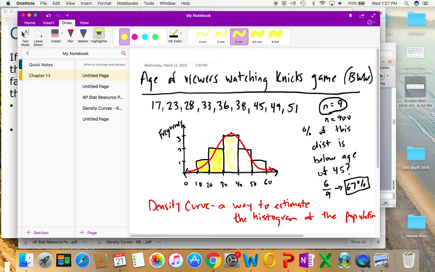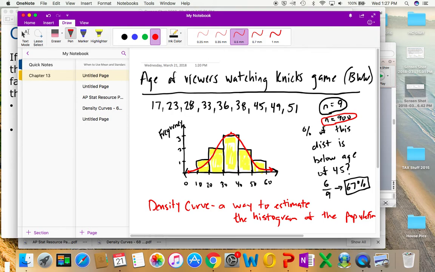Now my sample is only 9 people, but yes, 9 out of 9 is captured by this histogram. I have 1 here, 2 in here, I'm up to 3, 3 in here, I'm up to 6, 2 in here, I'm up to 8, 1 here, I'm up to 9. So just like 100% of my sample of 9 fits underneath this histogram, I'd say 100% of my 900 are going to fall underneath that curve.